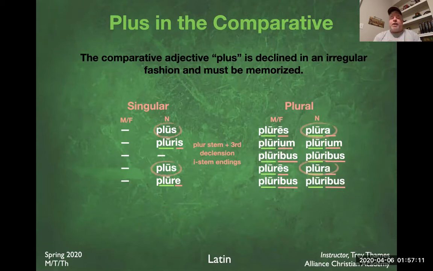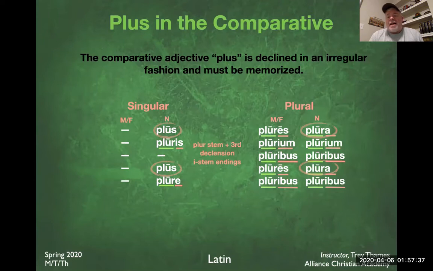And in the neuter, you have your neuter endings: -a, -ium, -ibus, -ibus. Now, you do need to note here, in the plural neuter nominative and accusative, it doesn't use the -ia. You would expect it to have an -ia here, but it doesn't. I'm sorry, I know it's a pain. It just doesn't have it, and it's a little bit funky.